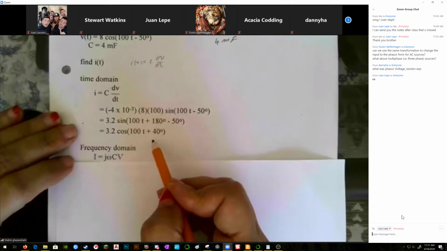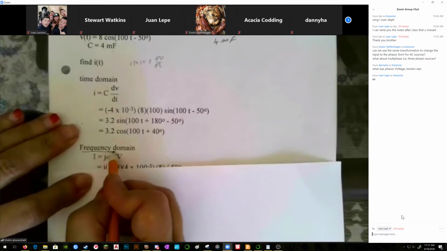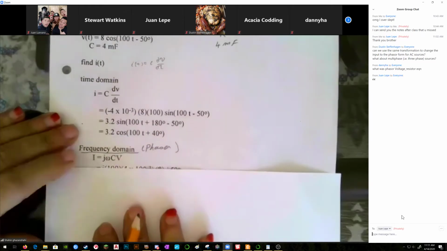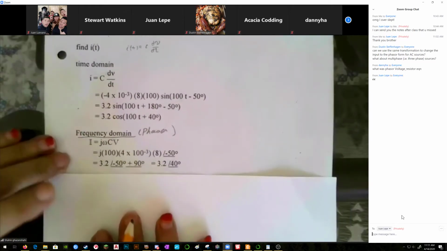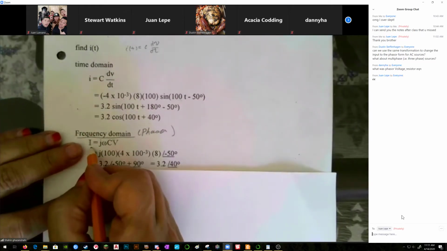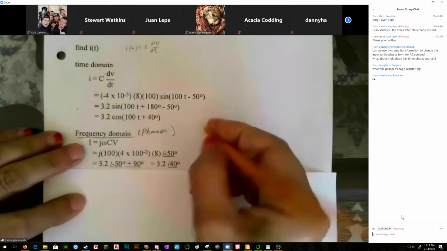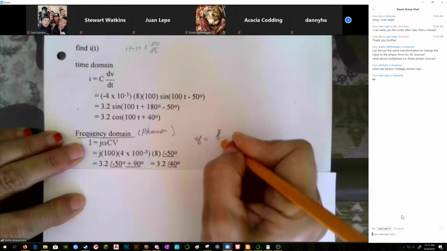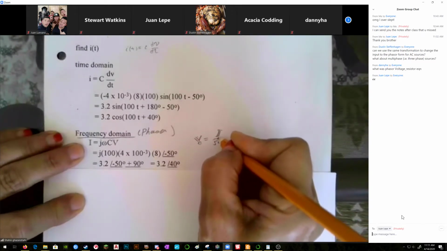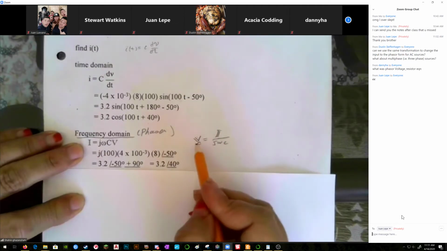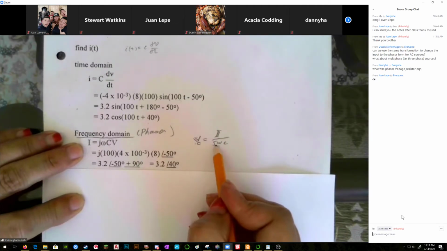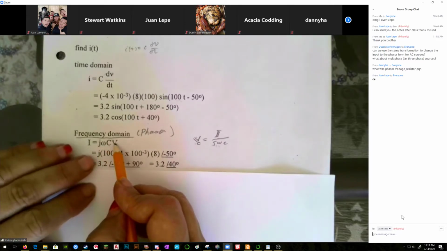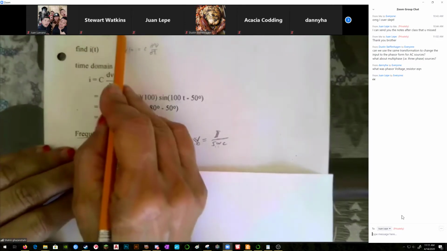Okay, but what we do in the frequency domain or phasor, same thing, phasor. You will know that the phasor current for a capacitor is j omega C times V, because last time I showed you the voltage is current divided by what? j omega C. Or the current is the product of these two: V times j omega C. Okay, so you change this V to the phasor voltage.